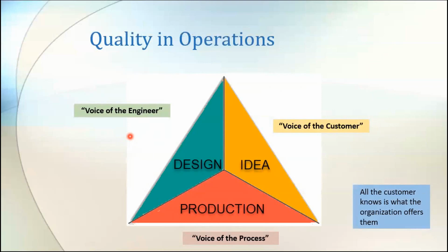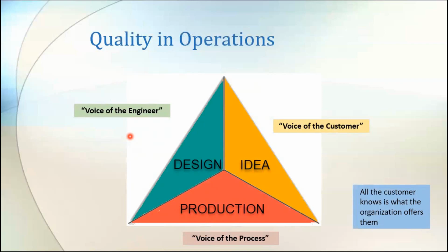So one thing that I want you to remember is that for a quality organization to be truly a quality organization, all three of these must be present. And you don't necessarily maximize or optimize each of these individually.